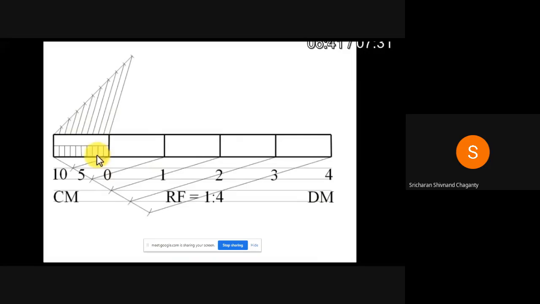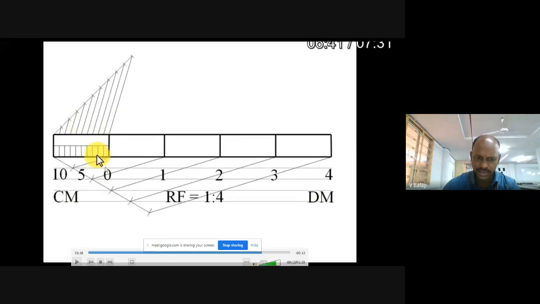Why, sir, should we work from right to left? Since whenever you measure the distance, for example, if I ask you what is the distance between 3 and 5, that means 3 decimeter, right hand side of 0 mark, 3 decimeter, 5 centimeter, I can say.